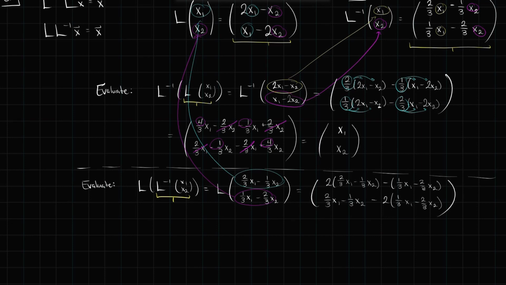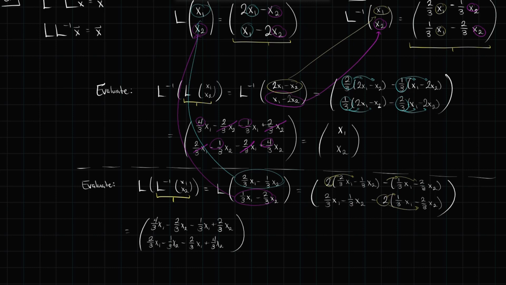As before, it's going to be to my advantage to distribute and then combine like terms. Once I distribute, I have 4/3 x1 minus 2/3 x2 minus 1/3 x1 plus 2/3 x2. Into my second row, I have 2/3 x1 minus 1/3 x2 minus 2/3 x1 plus 4/3 x2.